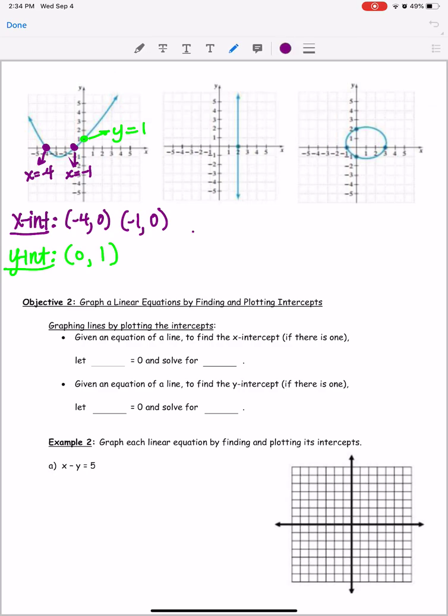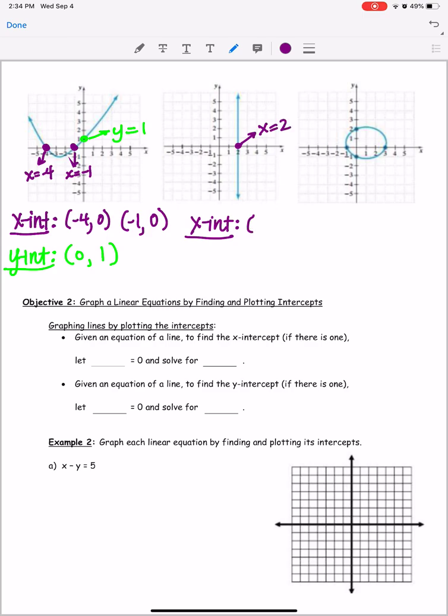Okay, same thing here. Your x-intercept, where is this graph crossing my x-axis? It's crossing right here. So this is at x equals 2.